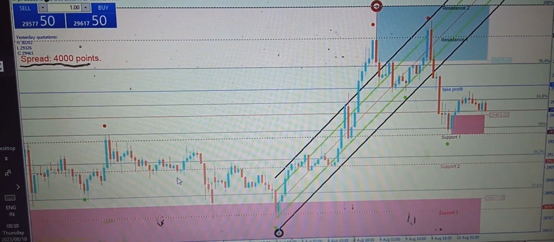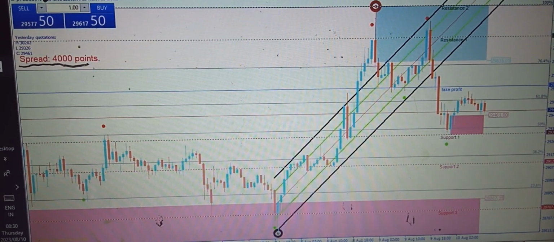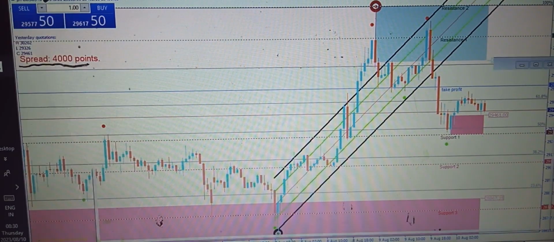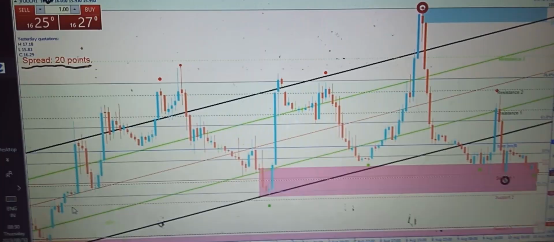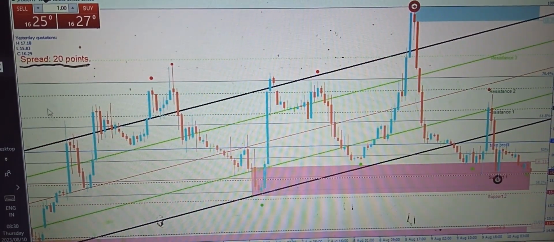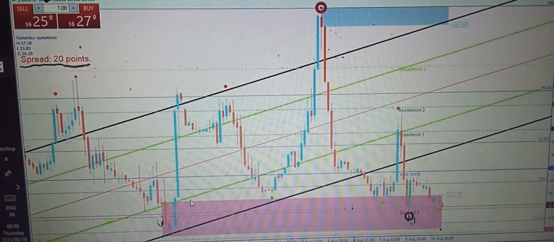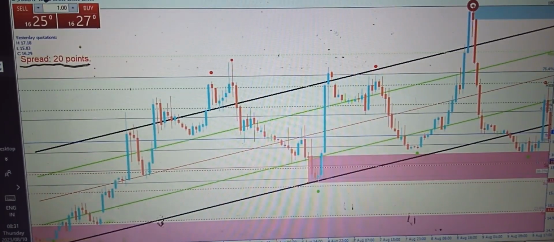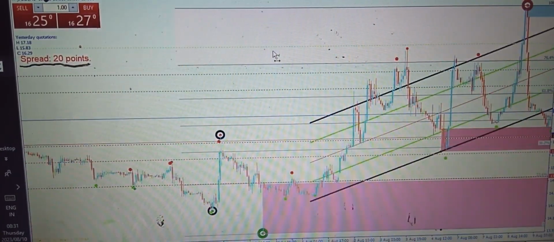Okay, and also let's look into volatility. I know a lot of traders are also trading the volatility index. On volatility, as you can see, we only have 20 points, so it was not really volatile. We also have an uptrend.